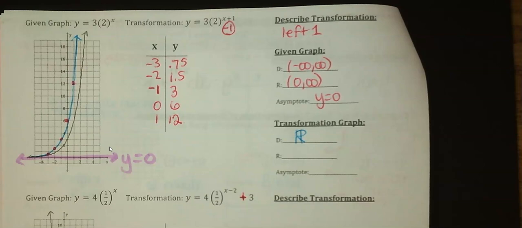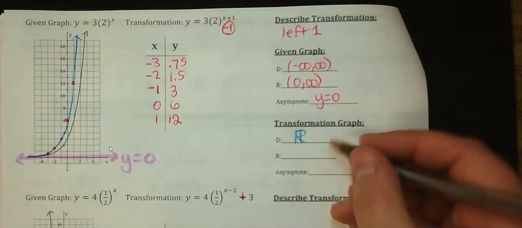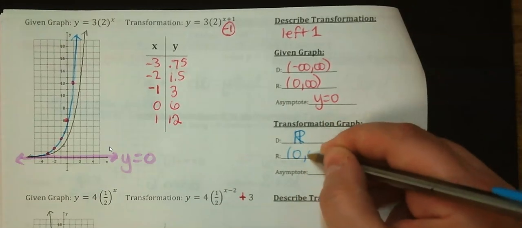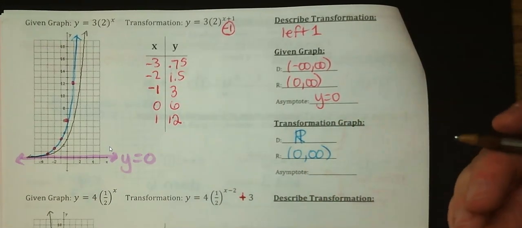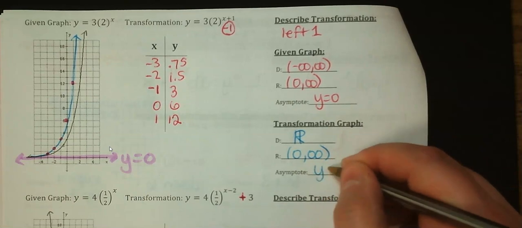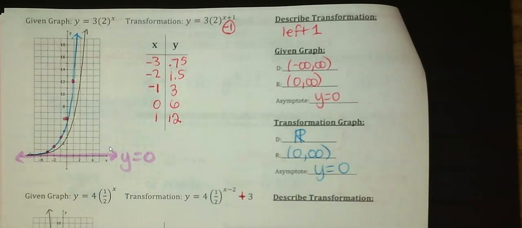The range might be different. In this case, it's not. I don't have a shift up or down, so the range should be the same as the original graph, 0 to infinity. The asymptote is not shifted because I don't have something added to the side, so it has the same asymptote as the original graph as well. Is anybody having a question?